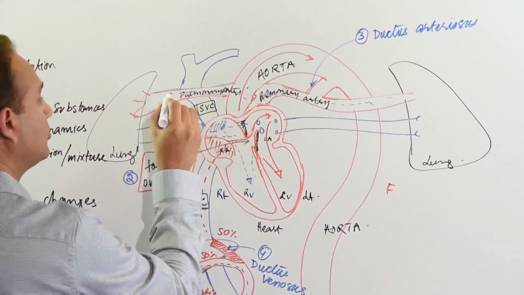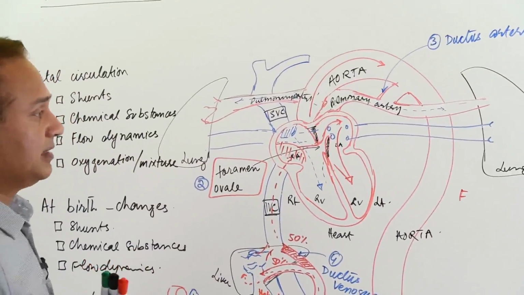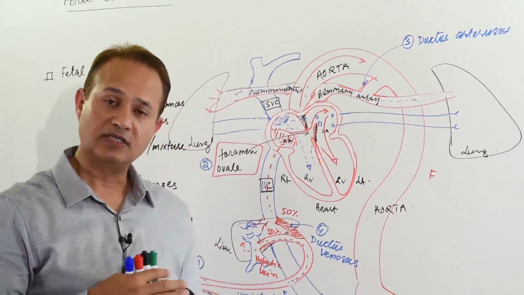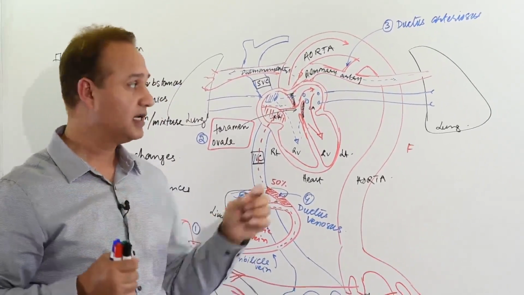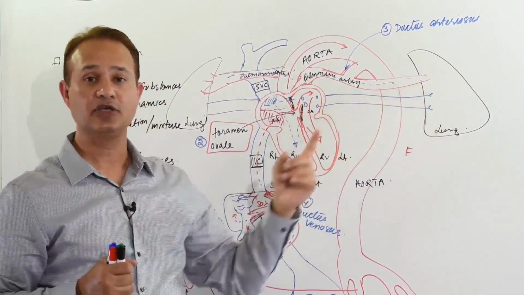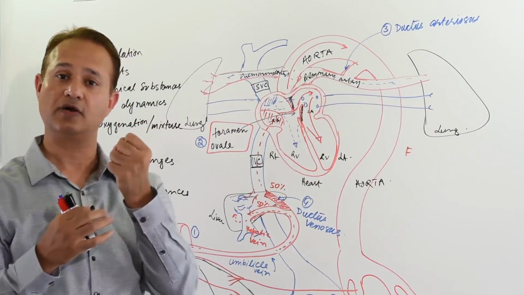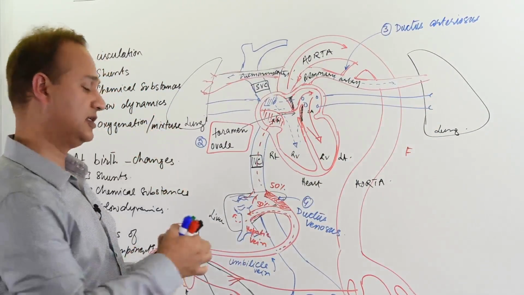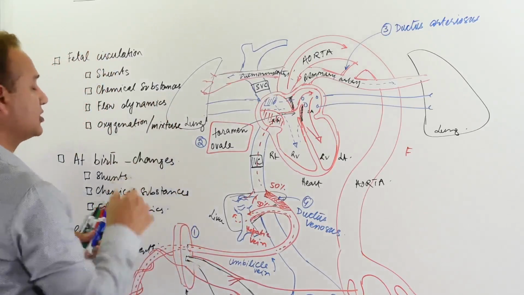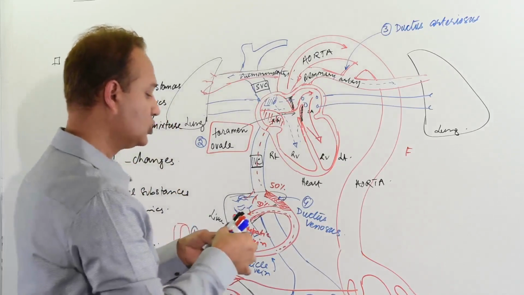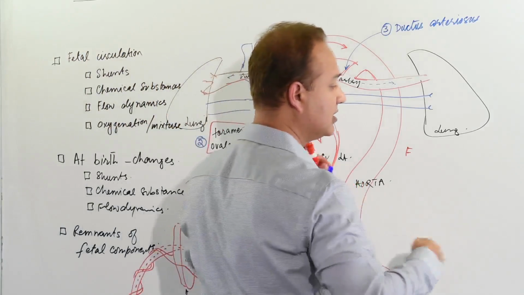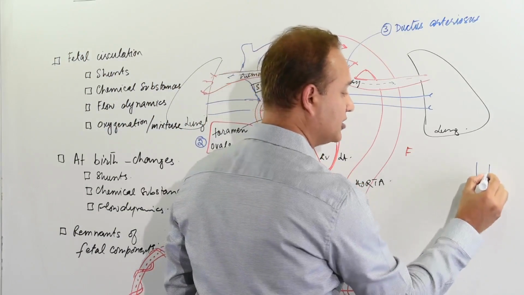Now here is the important thing to know. Because the lungs are closed, the capillaries and arterioles in the lungs are also shut down, or constricted. Why are they constricted? So let's look at the chemical reasoning here. I'm going to make an alveolus here.